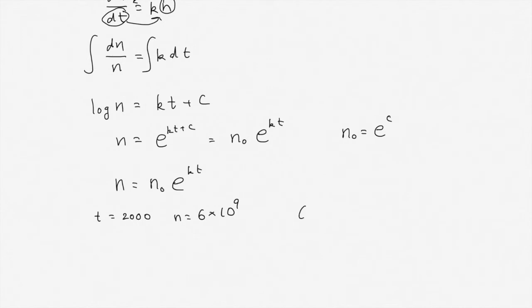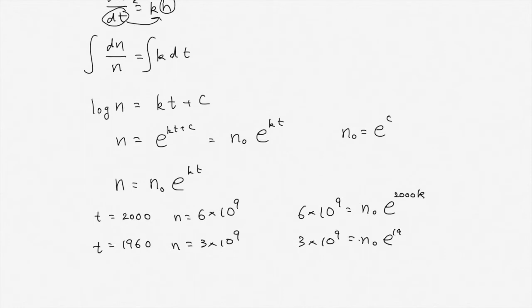So this means 6 times 10 to the 9 equals n sub 0 exponential 2000k. At t equals 1960, the world population is half, 3 billion. So this is 3 times 10 to the 9 equals n sub 0 exponential 1960k. This is the first equation and the second equation.